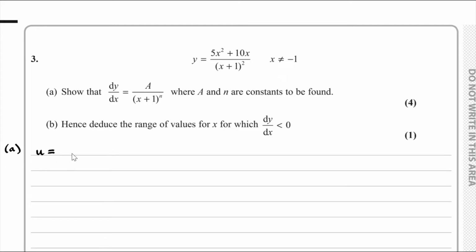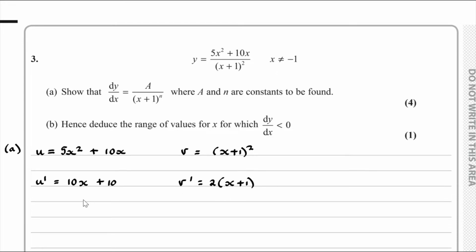So we have u equals 5x squared plus 10x, and we have u dash, therefore, which is equal to 10x plus 10, and we have v, which is equal to x plus 1 all squared, and by the chain rule, v dash, well, here we can use the bracket rule, so we have 2 lots of x plus 1 to the power of 1 times by the derivative of the bracket, which is 1, so we are left with 2 lots of x plus 1.